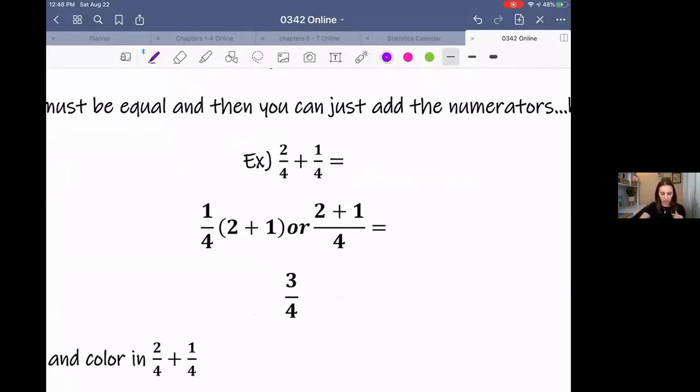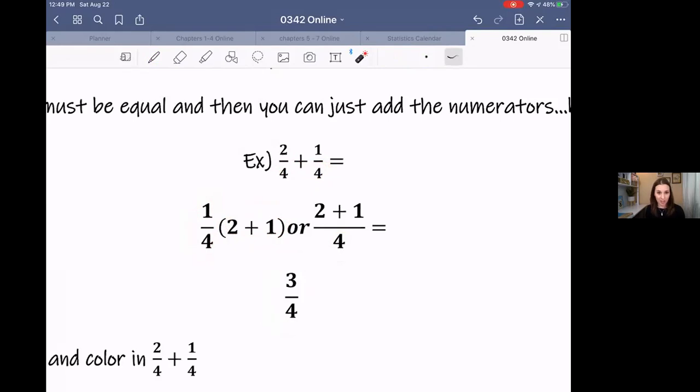So basically here you can see that this common denominator gets factored out front. And what we're doing is we're adding the numerators over a common denominator to get 3/4.